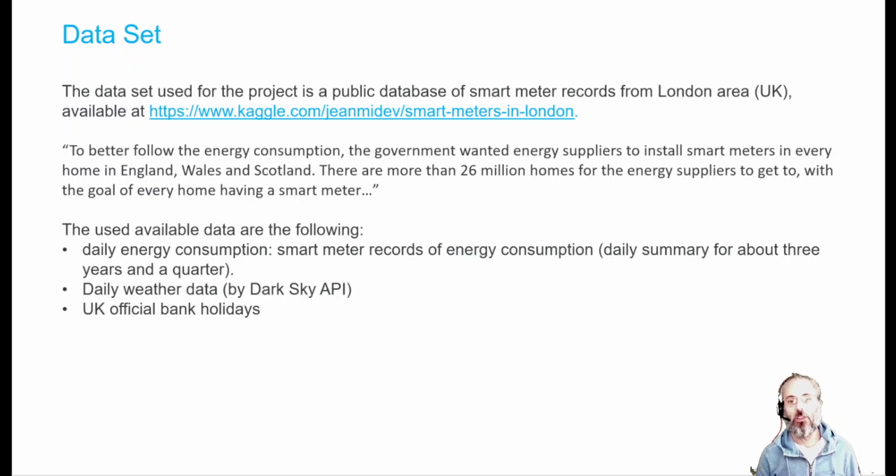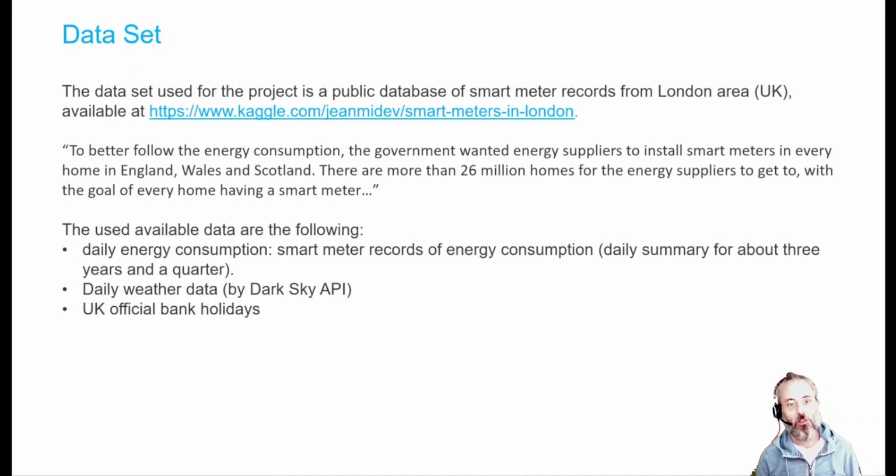There are more than 26 million homes for the energy suppliers to get to, with the goal of every home having a smart meter. This statement comes together with the data supplied on the website, and it shows the importance of using smart meters in the near future, especially when there will be electrical vehicles and renewable energy.